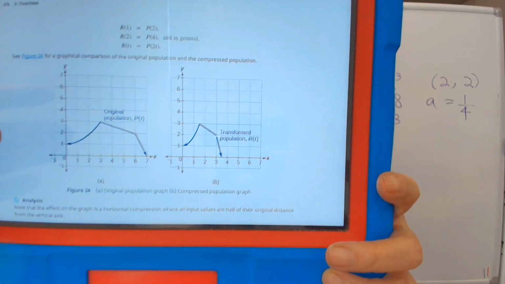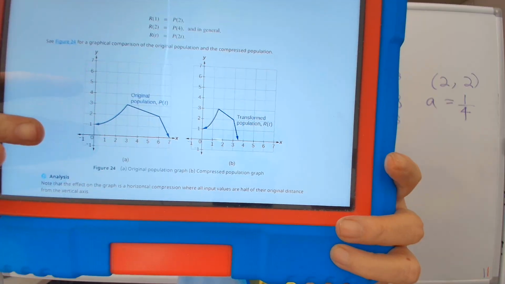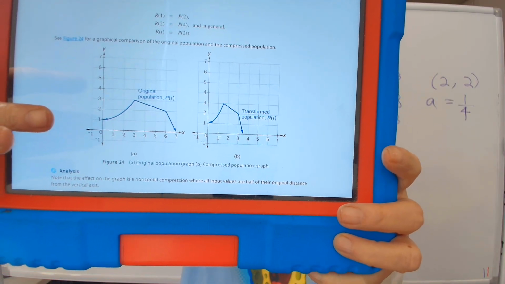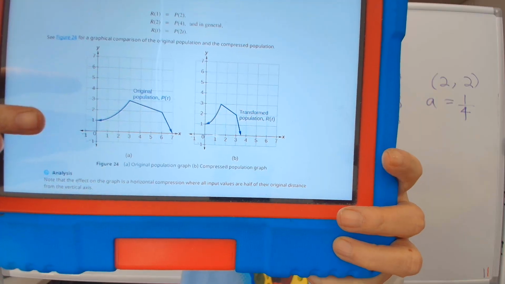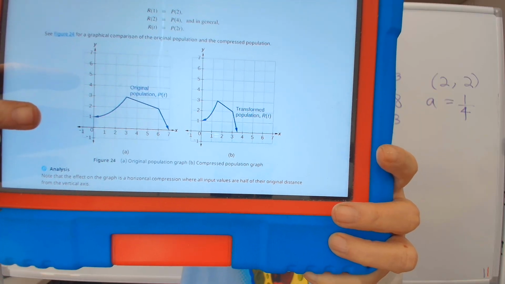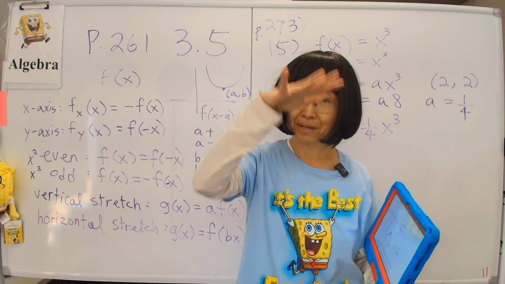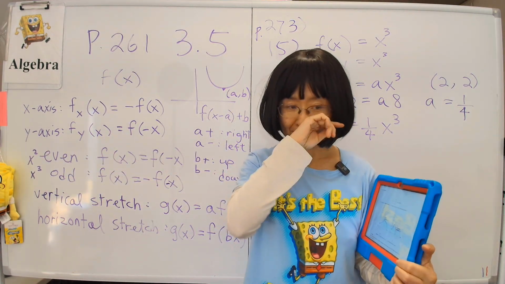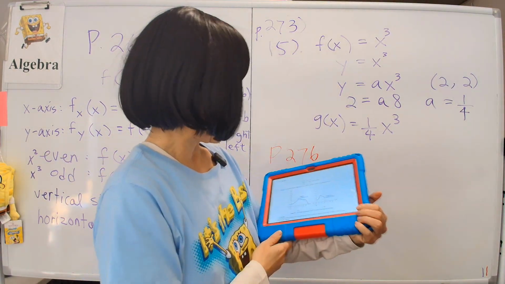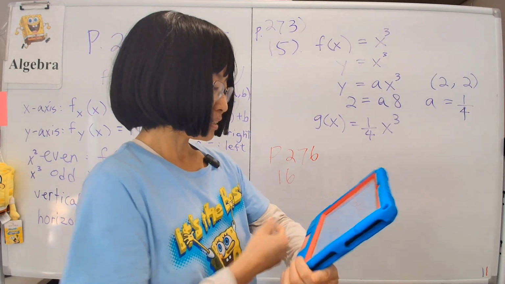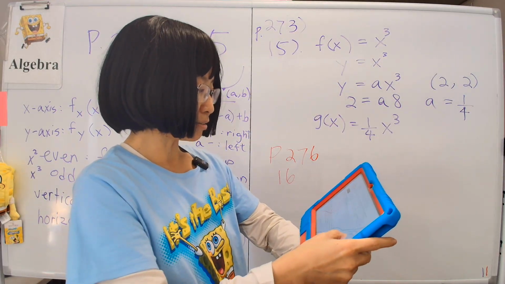So the height is the same, okay? But you're pressed together left and right. That is, what used to be 7 is now 3.5. What used to be 3 is now 1.5, and so on. So your entire graph stays the same height, but it just got pressed into half, okay? It got a lot narrower. That's why they look somewhat similar, but not quite. And that is how you do a horizontal compression.